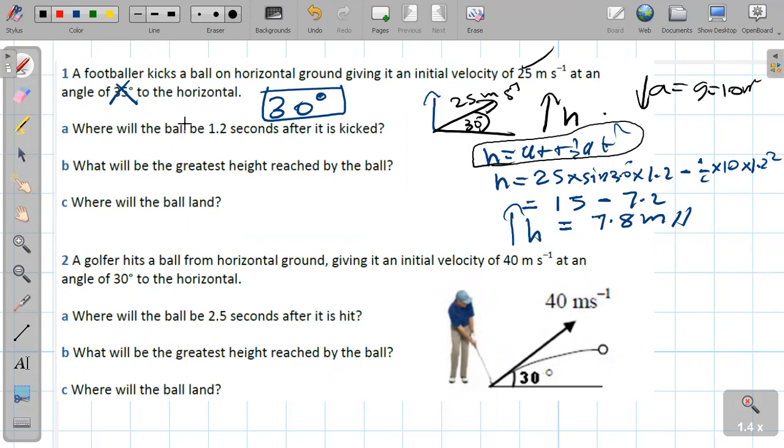What will be the greatest height reached by the ball? To find this, you have to come to know one thing. At the greatest height, velocity becomes 0. And initially it was sent up with some initial velocity u sine theta, and the acceleration is gravity. So these details you already know.